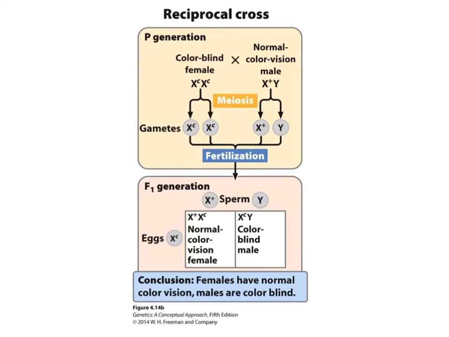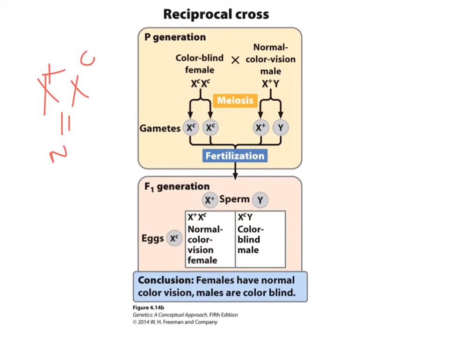If we did the reciprocal cross in the P generation, right? Again, homozygous colorblind. That's the only way the females would be colorblind is if they're both. They're heterozygous if they have a plus and a C. What would that be? If they were this, what's their phenotype?